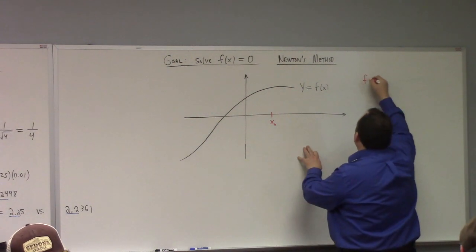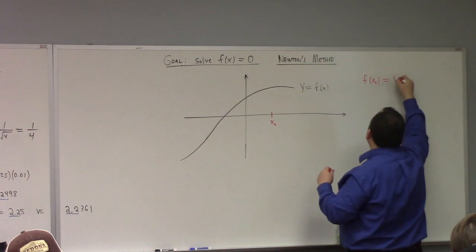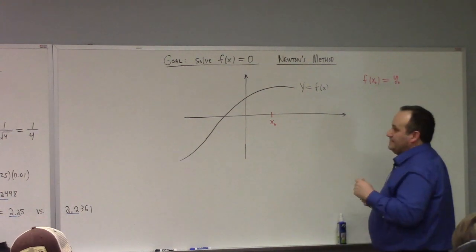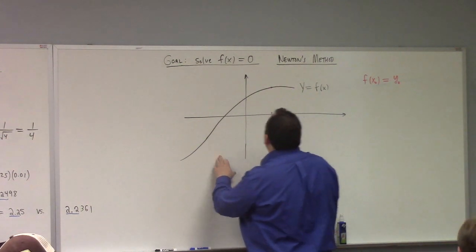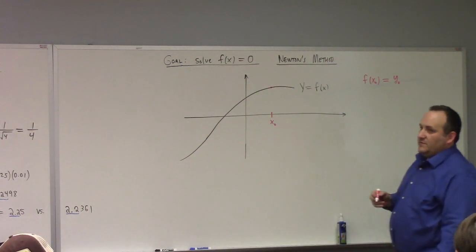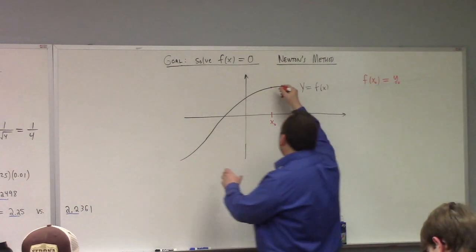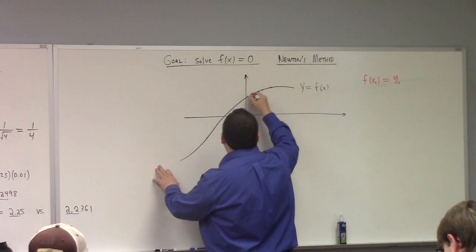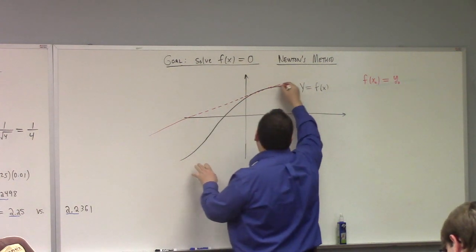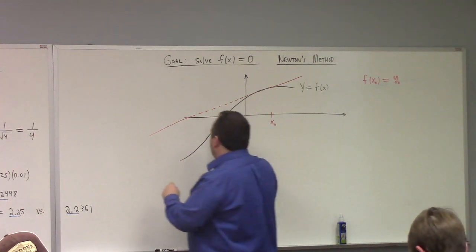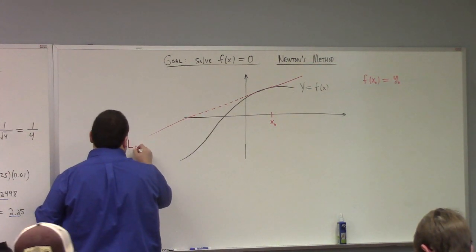So f of x naught, we're going to call y naught. That gives me this point right here, right? And then what we'll do is we'll look at the linearization based at that point, something like this, all right? And so here, this is y equals the linearization of f.